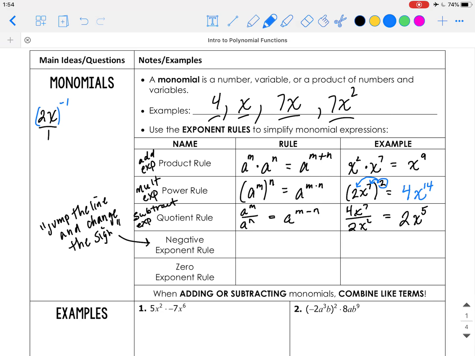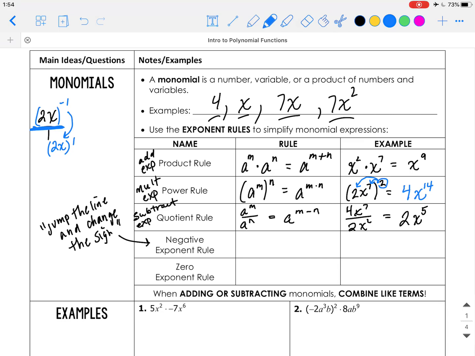What we would do is we would jump over this line, my fraction bar, and we would change the sign. So I would bring this 2x to the negative 1 down, and when I bring it down, it becomes just 2x to the 1. So again, that might be a little bit confusing to understand, but I promise you when you see a bunch of examples, it's going to make a lot of sense.